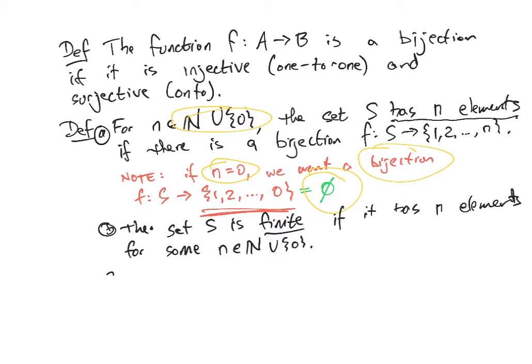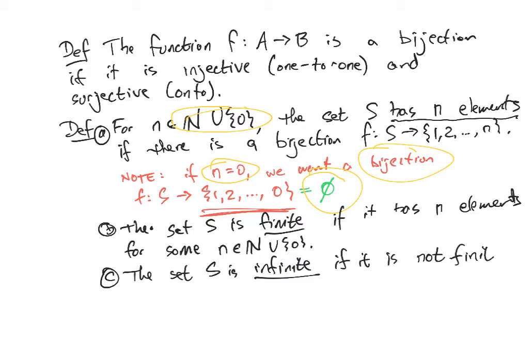And the third one is what it means to be infinite. And we're just going to take the easy way out here. The easy way out is to say that it's infinite if it's not finite. Okay. Those are just the very basic definitions.